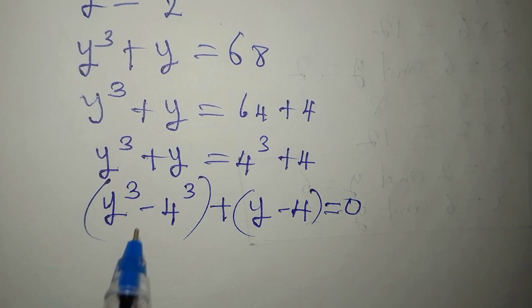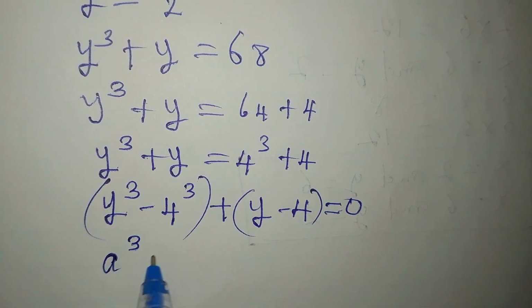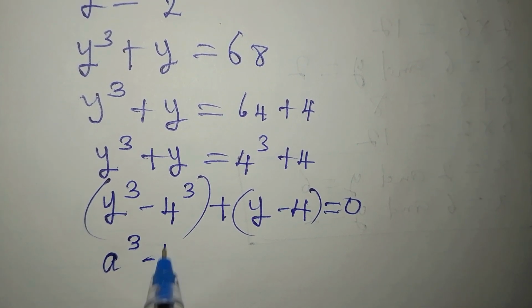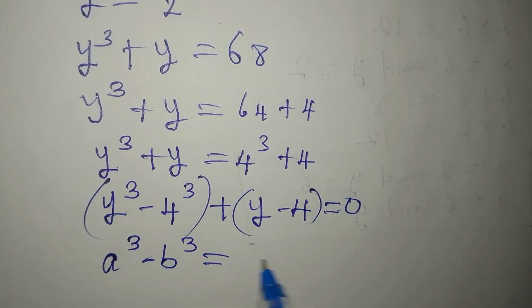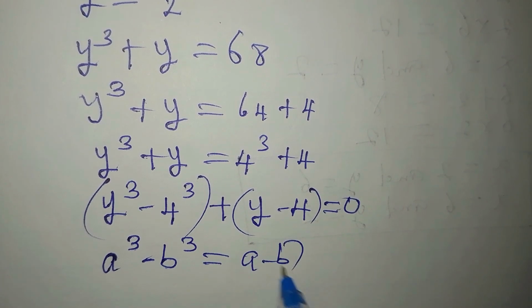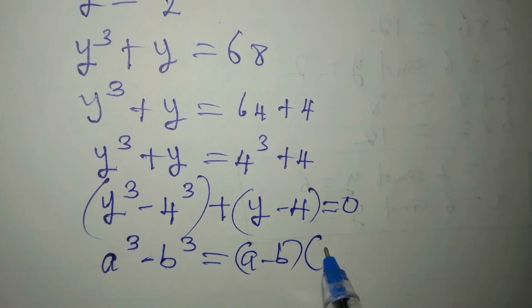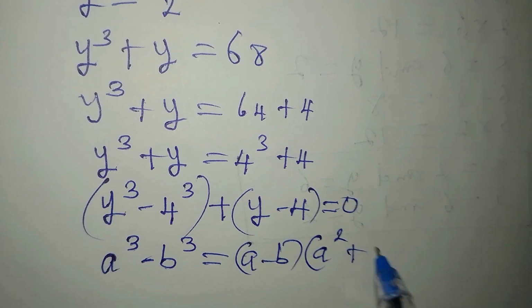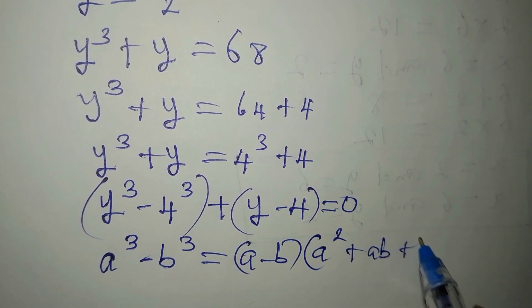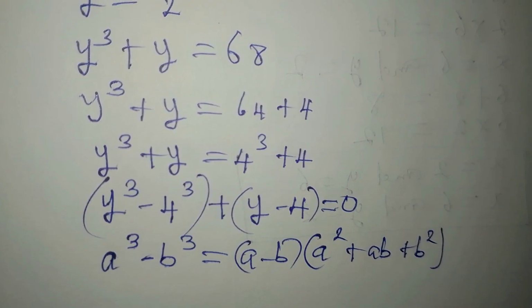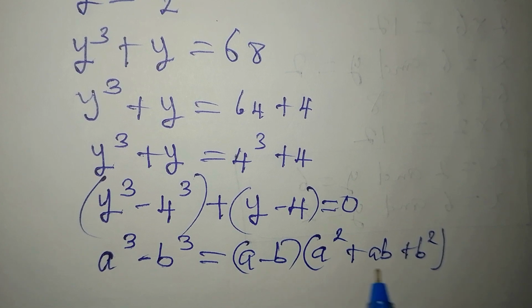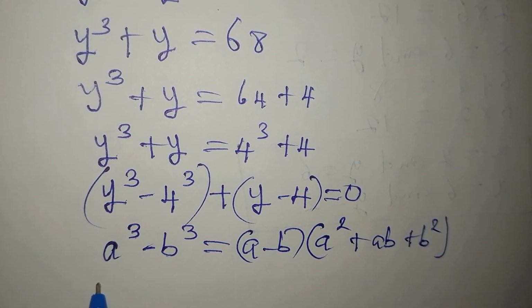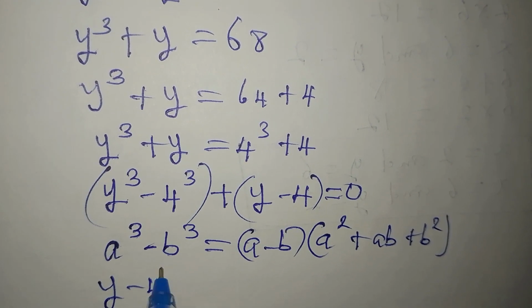Okay. Remember, if you have a to the power of 3 minus b to the power of 3, this is the same thing as a minus b into a squared plus ab plus b squared. So I'm going to write this in this form. So a minus b becomes y minus 4.